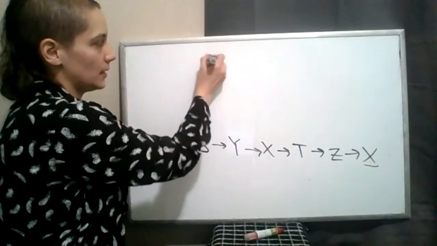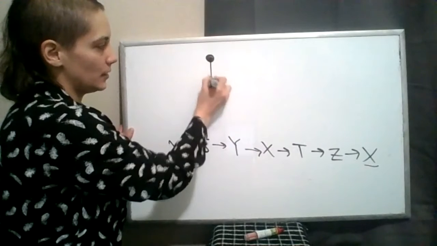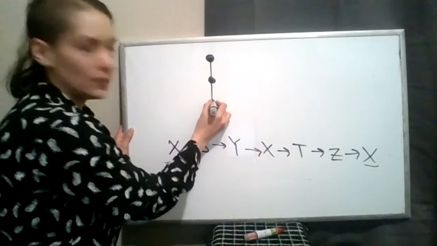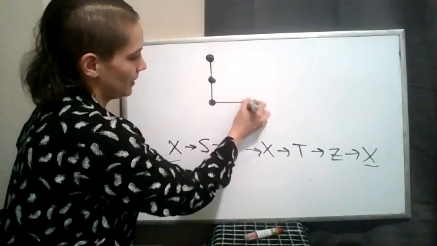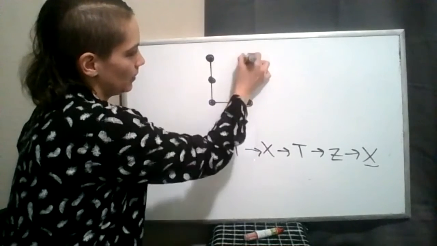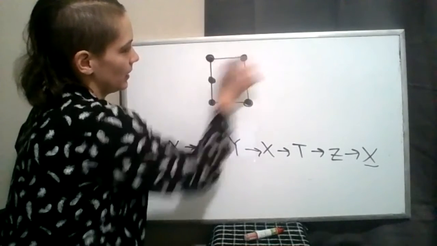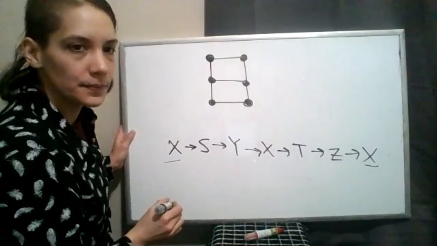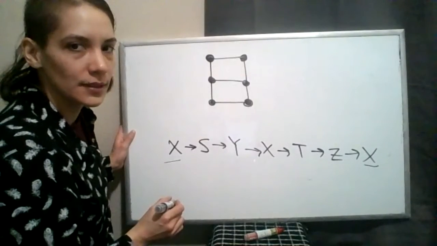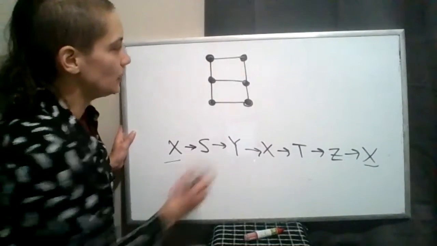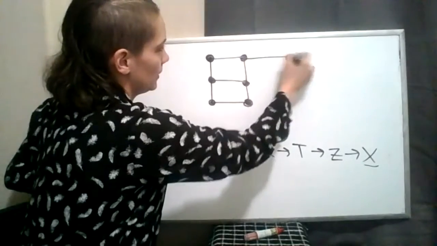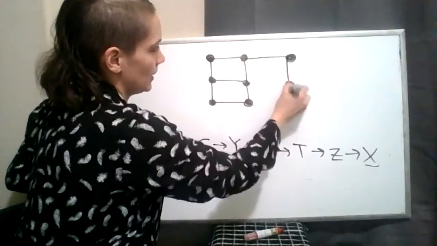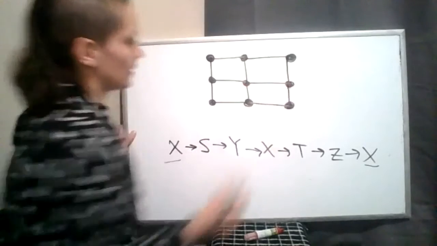Go like this, dot, straight down, straight down. Let's go over this way. Dot, up, up, and connect, connect. Let's do another dot, dot, dot, connect, connect, connect, connect.